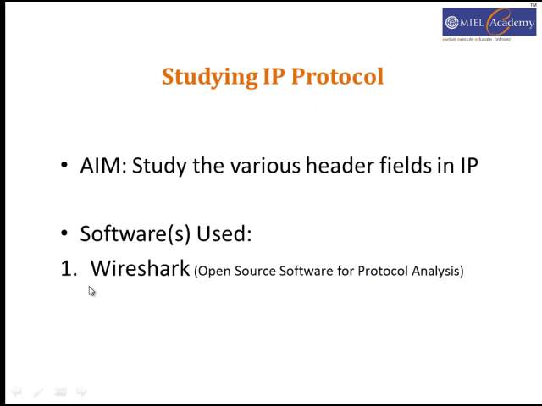We can use a tool called Wireshark. It's open source software, or you can call it free software, which is widely used for the study of different protocols. So let's quickly start Wireshark and start verifying the IP protocol headers.